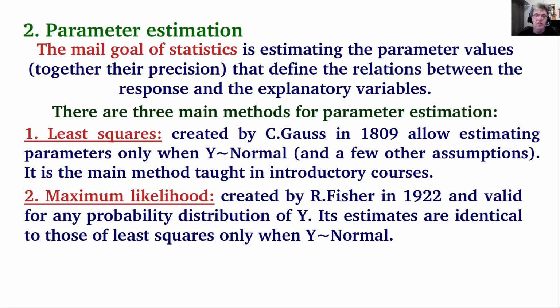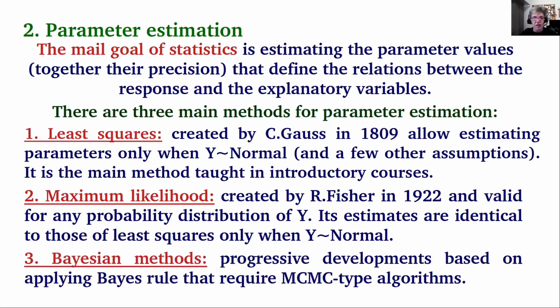So in a sense, it makes very little sense to explain the method of least squares as a general means of estimating parameters, since it has a very restricted applicability.